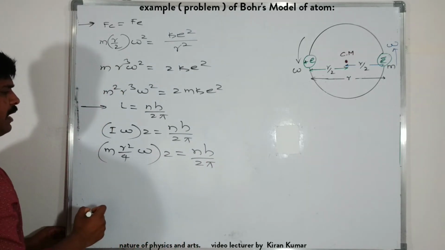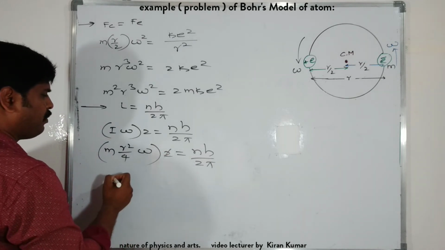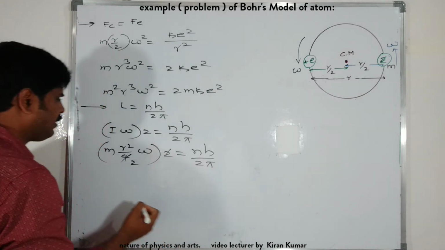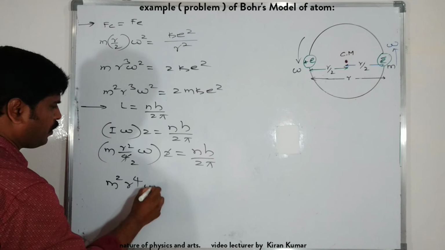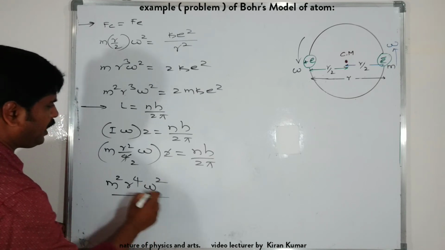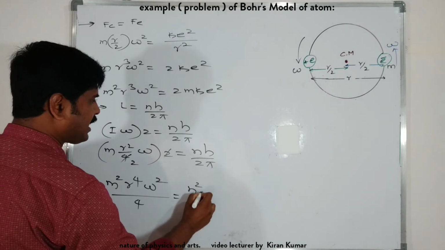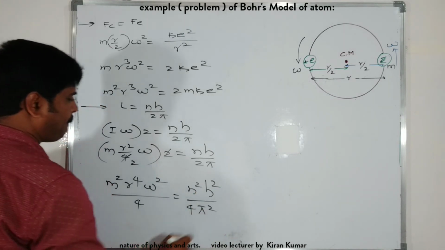Try to understand. Here we can do both side squaring, that is m square r to the power of 4 omega square divided by 4, which is equal to n square h square divided by 4 pi square.